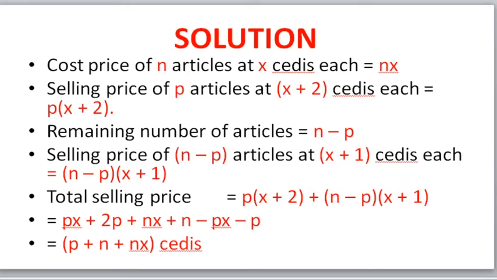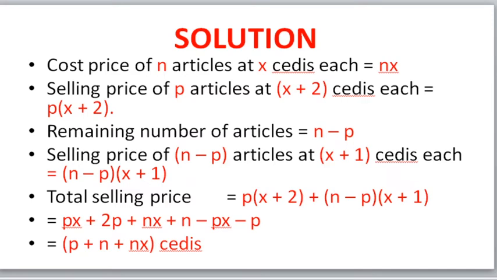We'll be having 1p, but we don't say 1p, you just say p. So 2p minus p will give you p. With that, we'll be having our p, then our n that is left, and our ns is also left. So the total selling price so far is into bracket p plus n, then plus ns cedis. That is the total selling price.